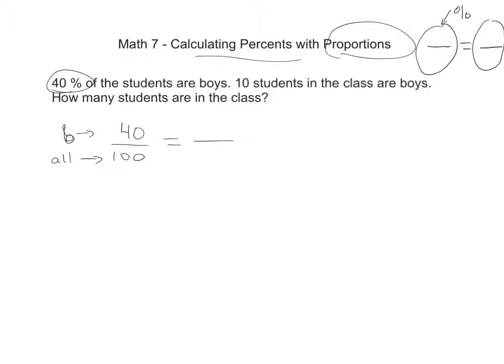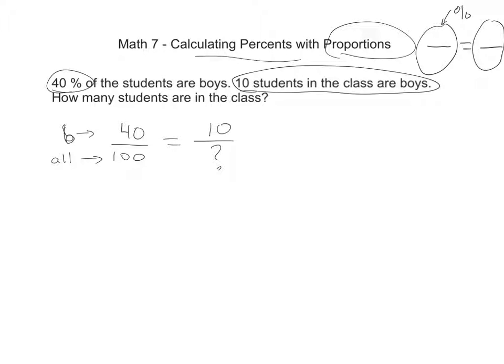We actually have much less. We only have 10 boys in this class. So the question is, how many students would be in the class if we only have 10 boys?